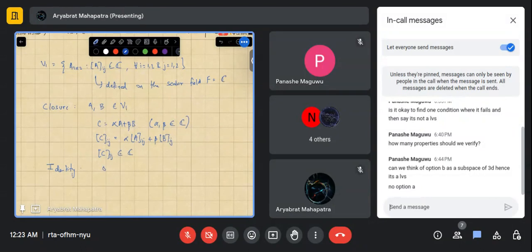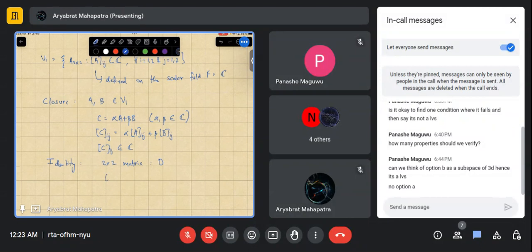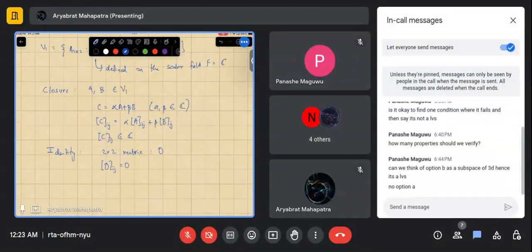Identity you will find like, let's say there is some identity 2 by 2 matrix, whose element would be 0 because I'm doing addition.